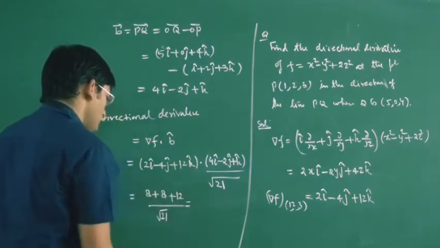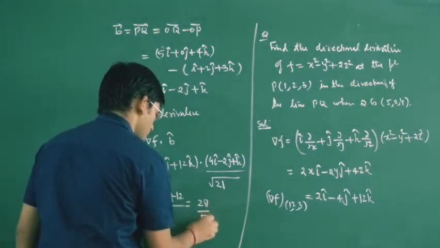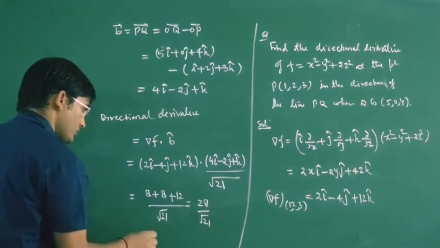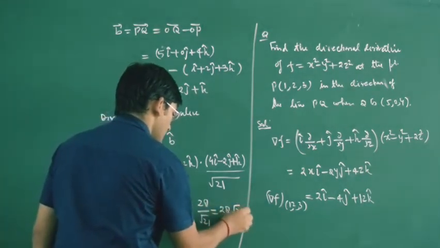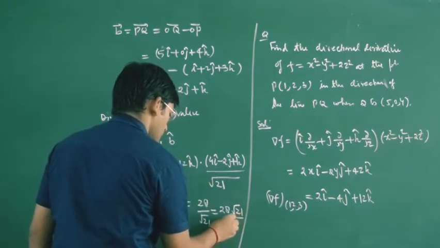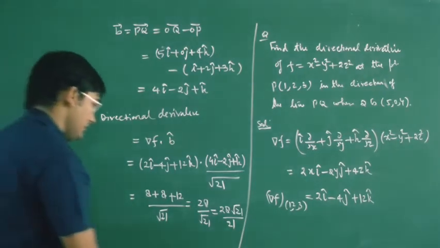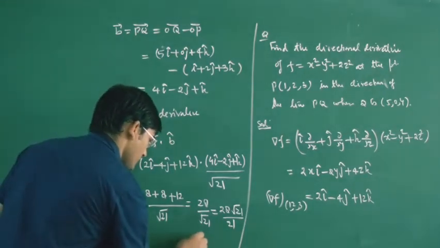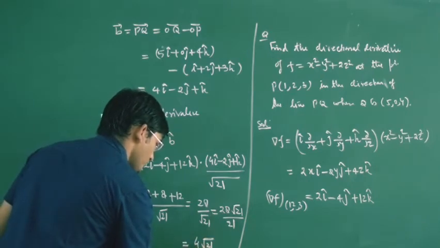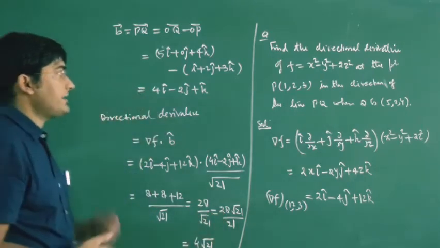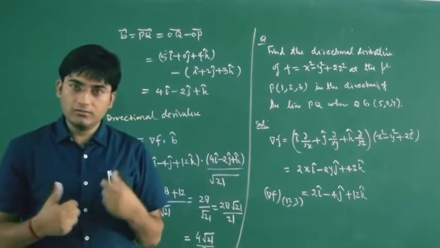So this is equal to 28 upon the square root of 21, or if you multiply the numerator and denominator by square root of 21, this is 28 square root of 21 upon 21. And you can further write it as 4 root 21 upon 3. So this is your directional derivative of the function f in the direction of the line PQ.